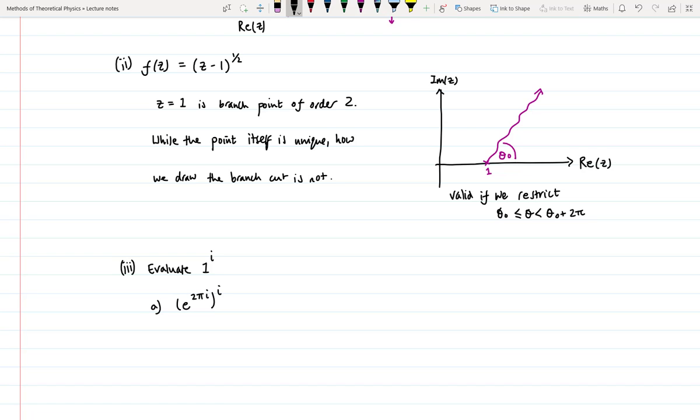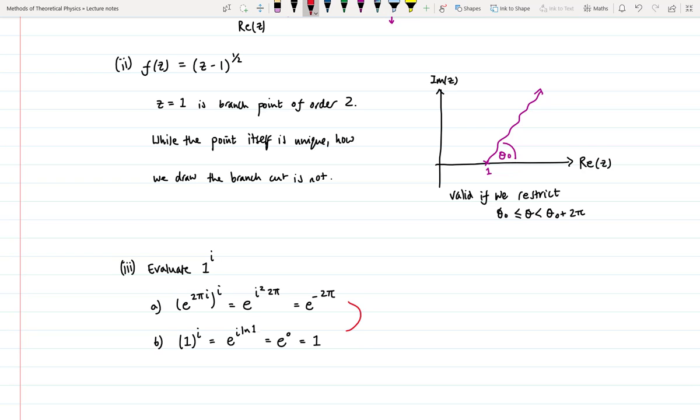Raising that to the ith power means that we have e to the i squared 2 pi, which is e to the minus 2 pi. Alternatively, we could rewrite 1 to the power of i using our logarithm trick from the previous video. This would then become e to the i ln of 1, where let's assume we're taking the principal complex logarithm. This gives us the number 1.